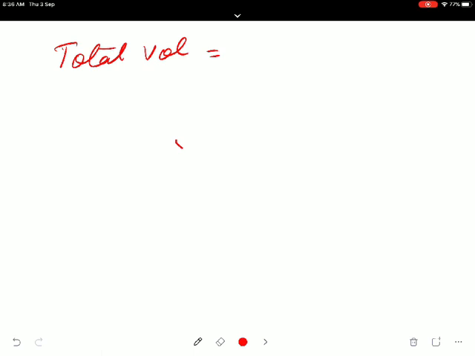Total volume of that big substance is mass by density. Mass is given, 280, divided by density, which is 7 gram per centimeter cube. So this is the total volume.